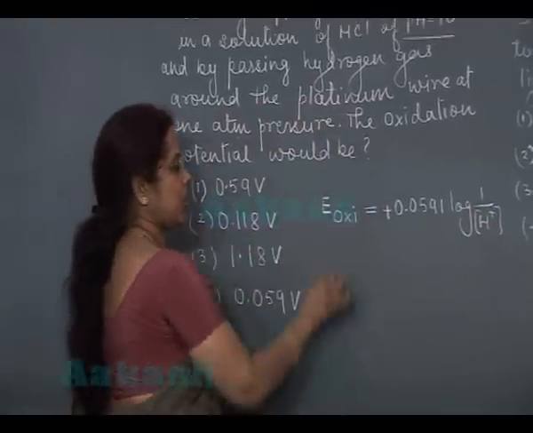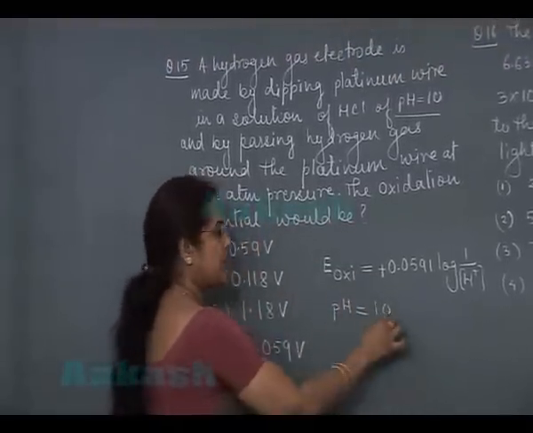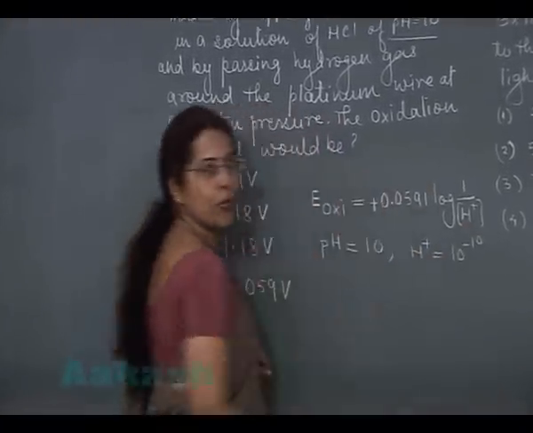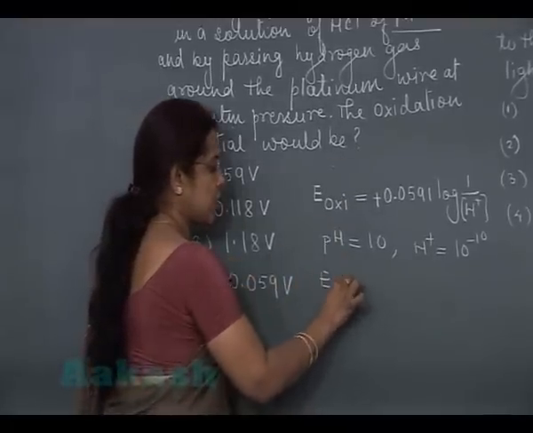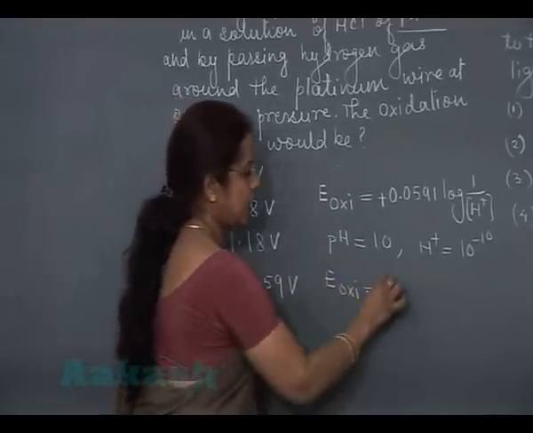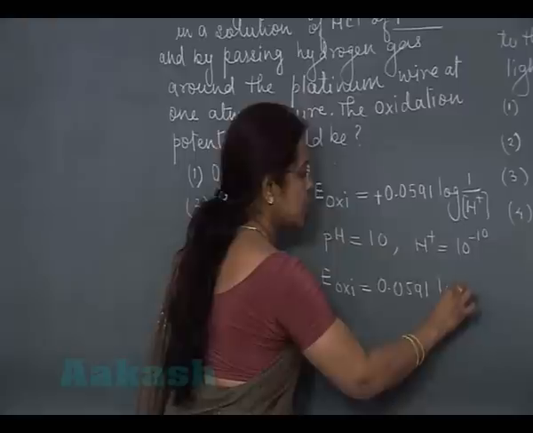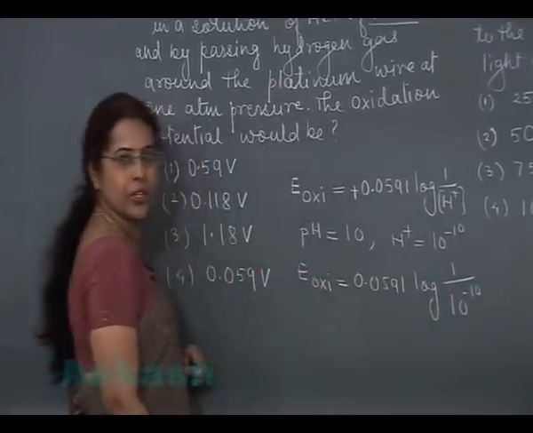Here in this question, value of pH is given, pH is 10. So H ion concentration will become 10 raised to power minus 10 molar. Put the value in this Nernst equation. Oxidation potential is 0.0591 into log 1 by 10 raised to power minus 10.